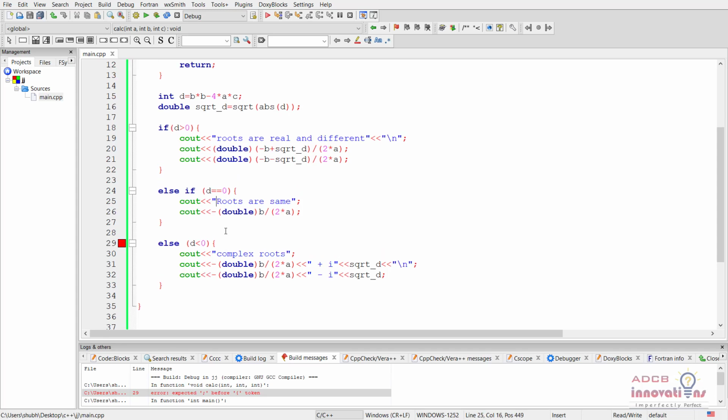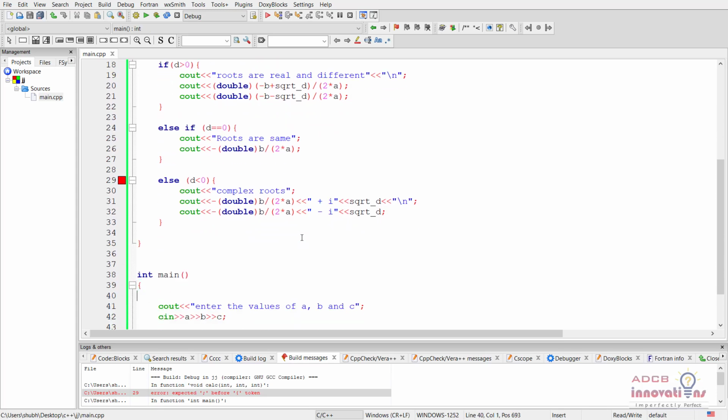Why is this error there? It is saying that we missed a semicolon somewhere, but I am not able to see where we have missed it.